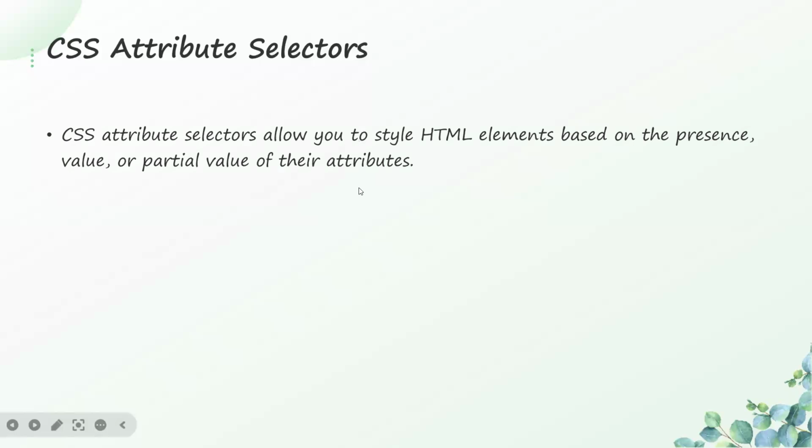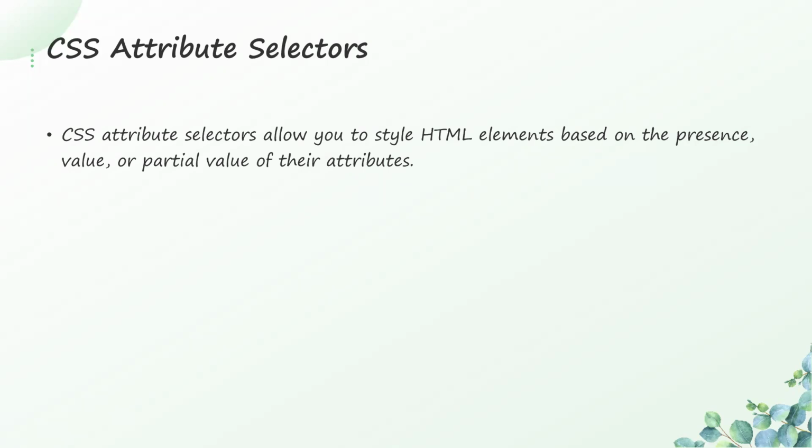The CSS attribute selector allows you to style HTML elements based on the presence, value, or partial value of the attributes. So we are going to be selecting elements based on the presence of an attribute, the value of an attribute, or the partial value of an attribute. This is what CSS attribute selectors help us do.